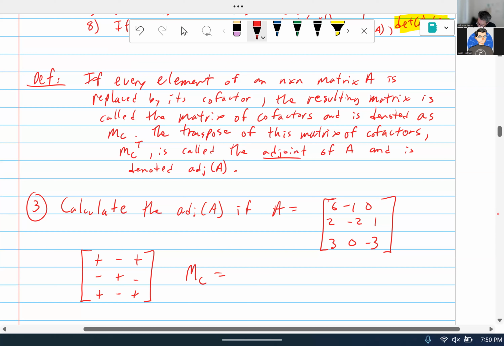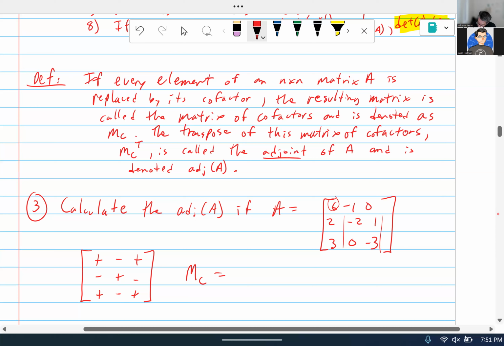How would I get the cofactor of 6? Well, cross off my row and column, and I get -2, 1, 0, -3. If I take the determinant of that, -2 times -3 is +6, 0 times 1 is 0, so +6.